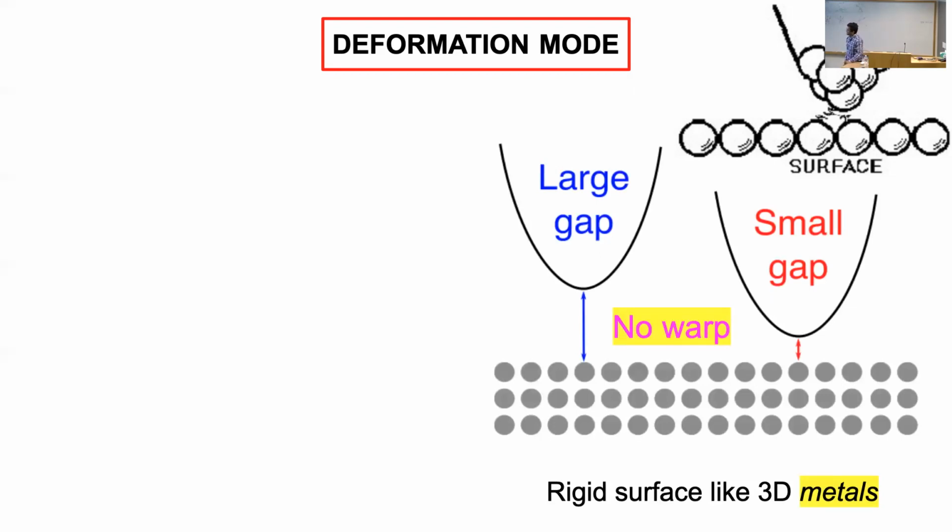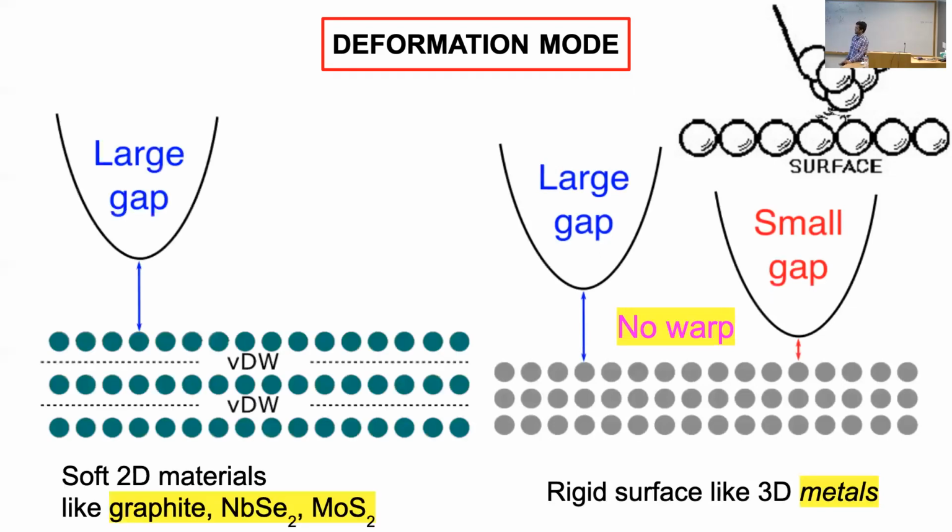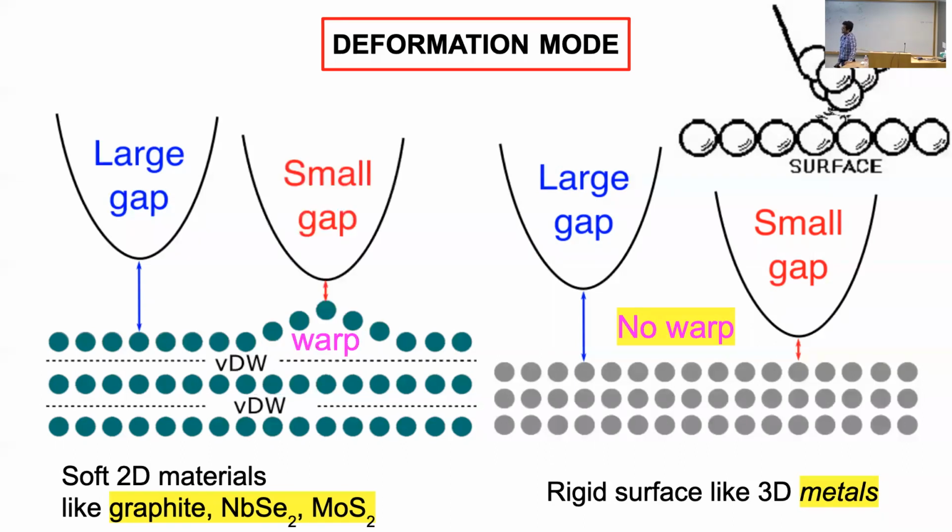But now let's consider the scenario that we have taken a two-dimensional material, which has soft surfaces made up of single atomic sheets of carbon or other elements stacked upon one another with weak van der Waals forces. So there is a high possibility that these surfaces might get deformed.